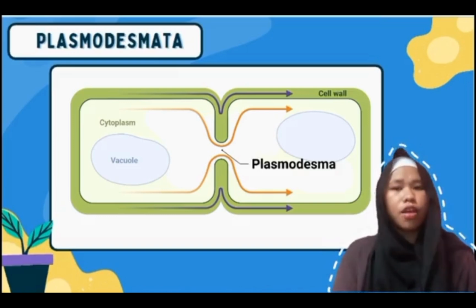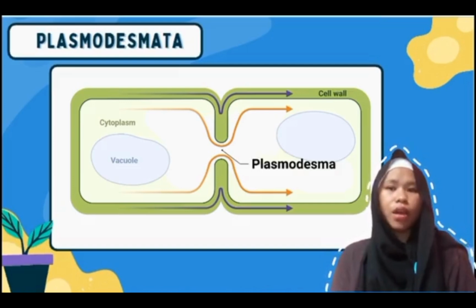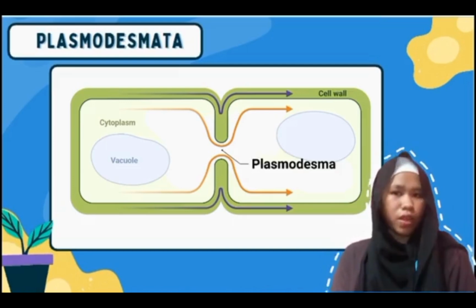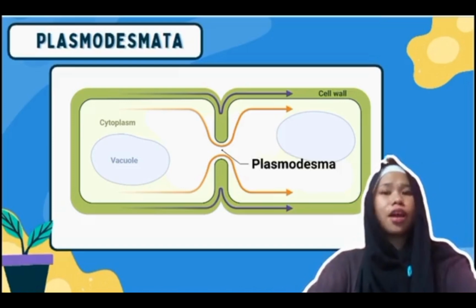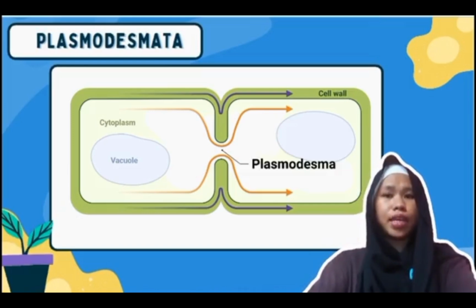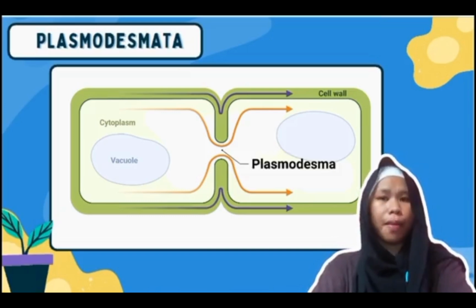And also, there is a vacuole, a large fluid-filled sac within the cell involved in storage, waste disposal, and maintaining turgor pressure. And also, there is a plasmodesma. So, the central focus of the image is the plasmodesma. This is a channel that directly connects the cytoplasm of two adjacent plant cells, enabling communication and transport between them.